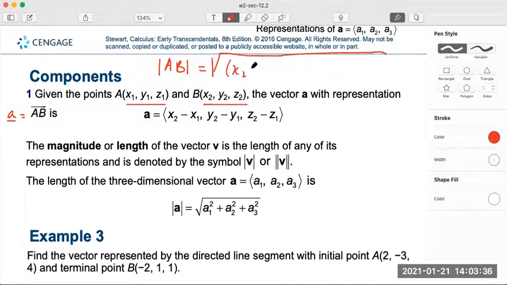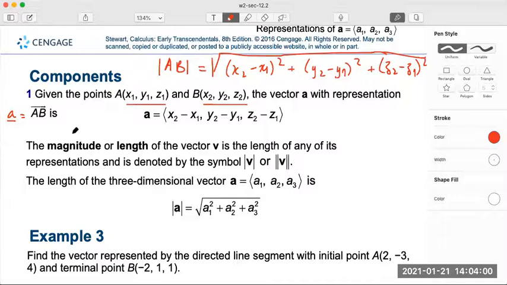Thank you, Walid. x2 minus x1 squared plus? Very good. Plus? Thank you. Very good. So this is the distance from A to B in chapter 1, right?